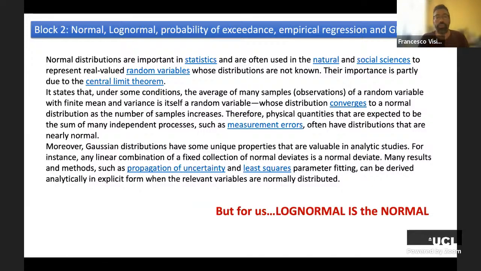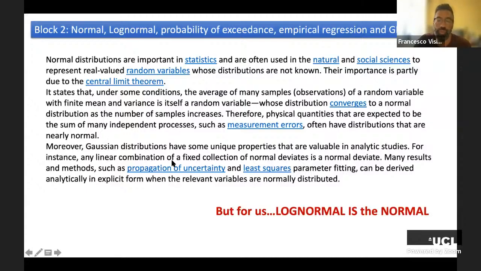The normal distribution is important in statistics, is often used in natural and social science, and it's also important because under some conditions, we know that the average of many samples or many observations of a random variable with a finite mean and variance is itself a random variable whose distribution converges to a normal distribution as the number of samples increases.